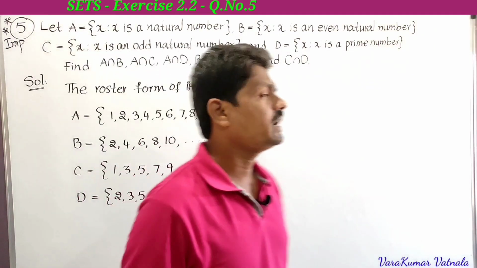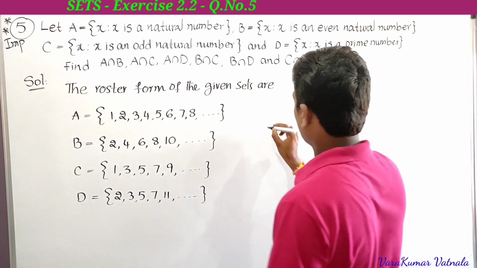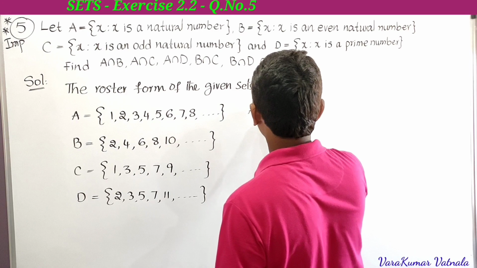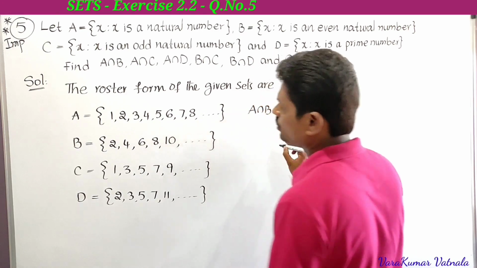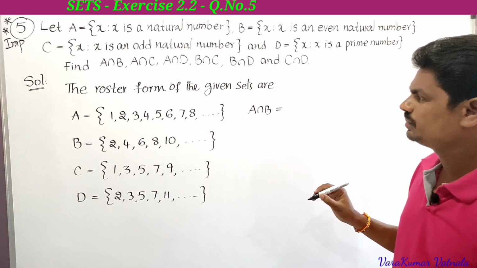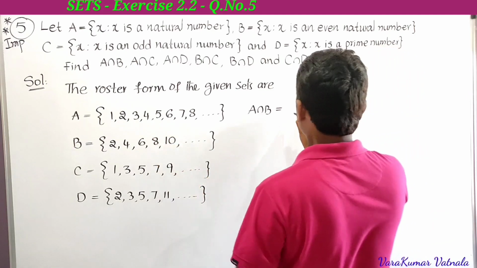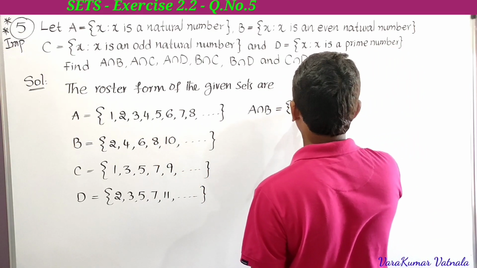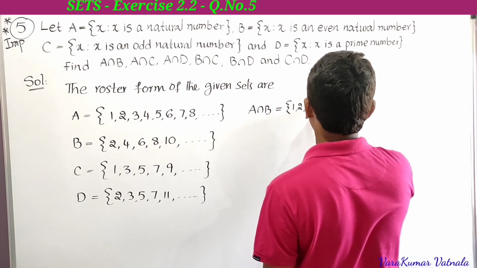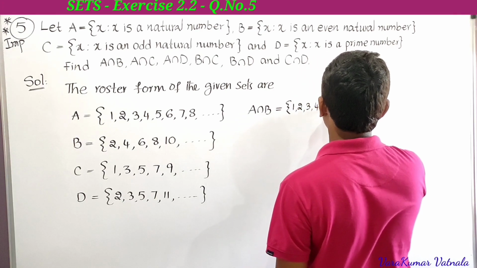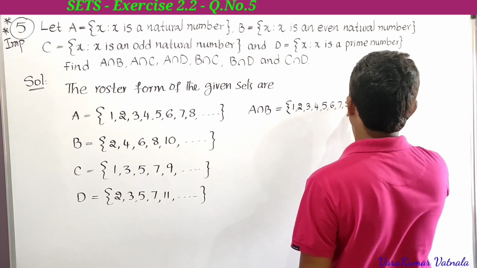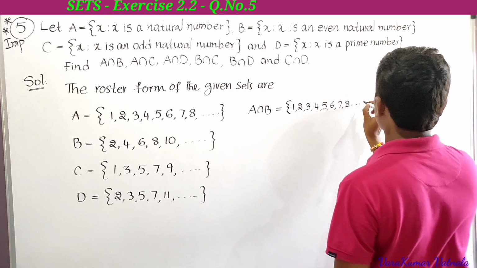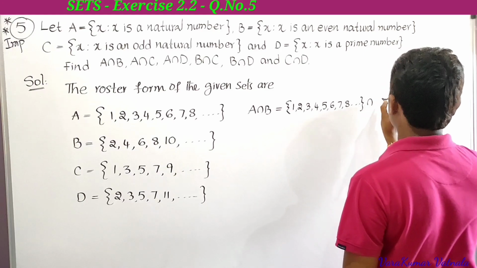First we have to find A intersection B. See here, how can we find A intersection B? First we write set A and set B. A is 1, 2, 3, 4, 5, 6, 7, 8 and so on, intersection.